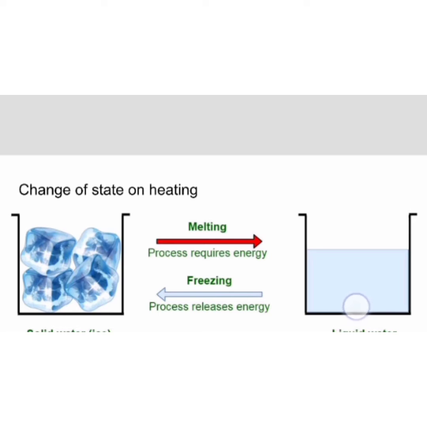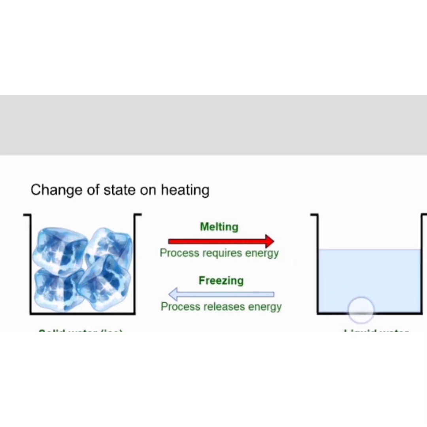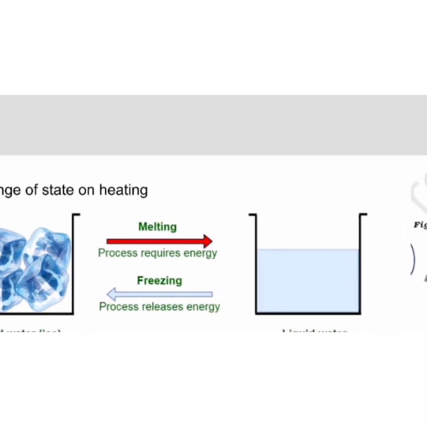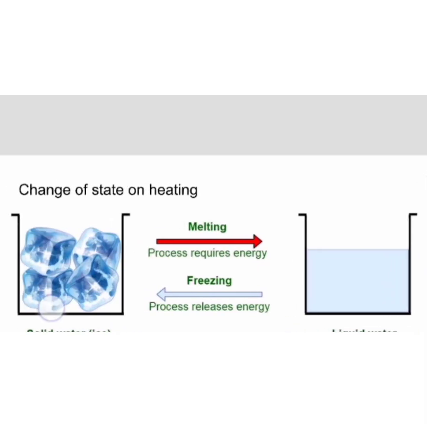When we freeze this water, it will change into ice again. So this ice needs heat to form the liquid, and when we freeze this liquid, it will change into solid. So this is the change of state on heating.